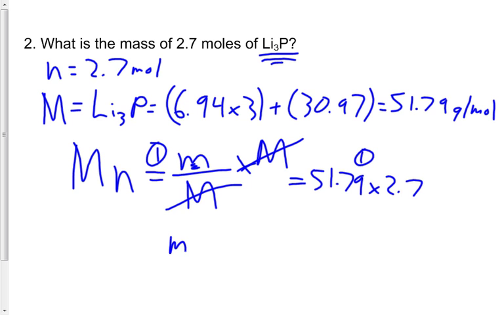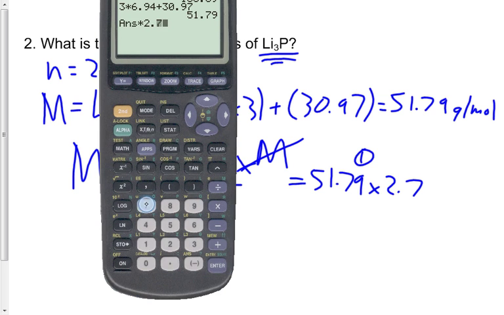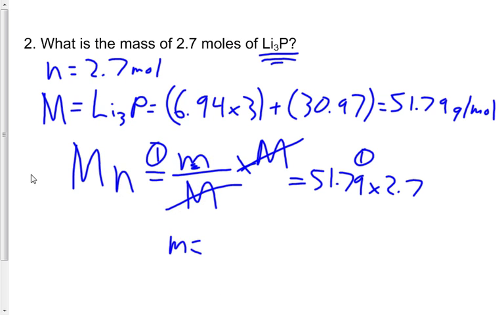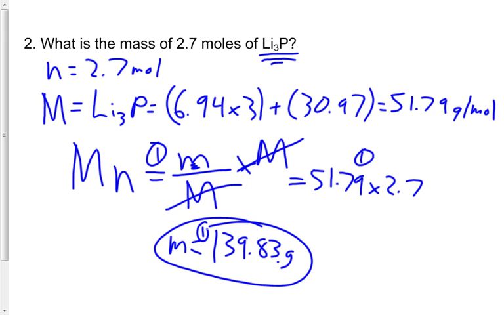And our final answer is 139.83 grams. Sorry, I got 139, not 189. 0.83, right? Grams. So that's a 4 mark one. Questions on those two?